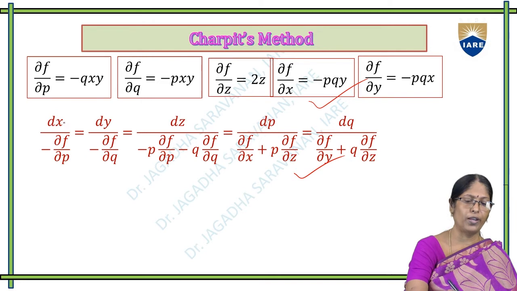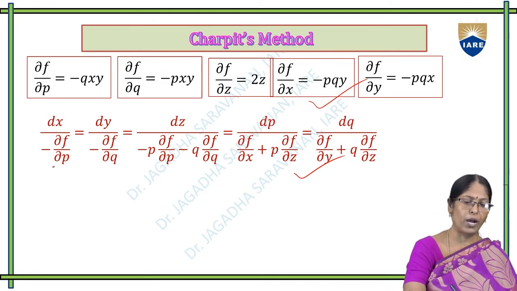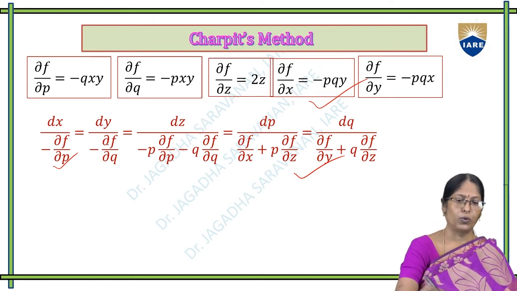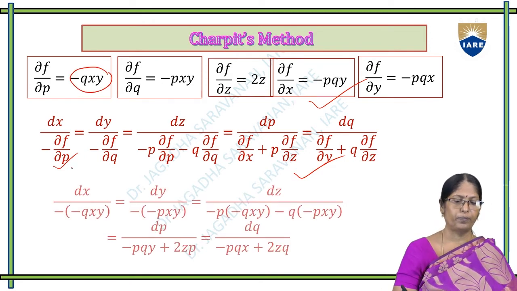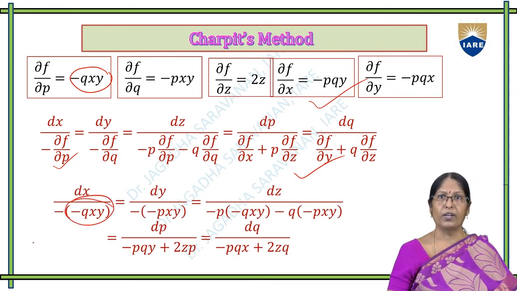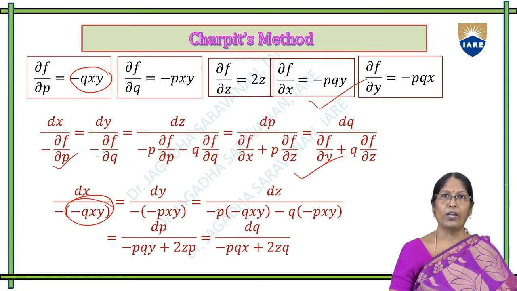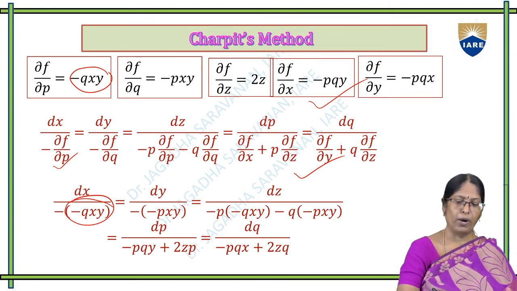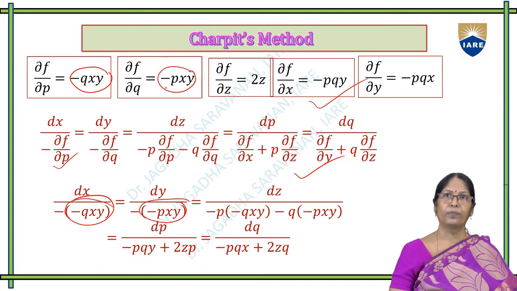So the first one is dx by minus dou f by dou p. Here we are going to substitute in this place this one, where I am circling. The next one is minus dou f by dou q. So here we substituted this one.